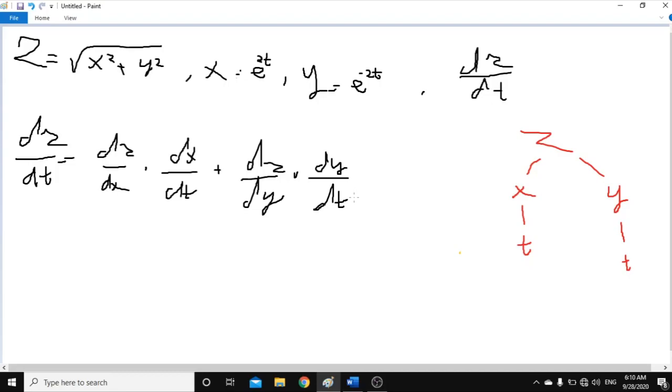Yeah, this is the perfect equation to solve this.